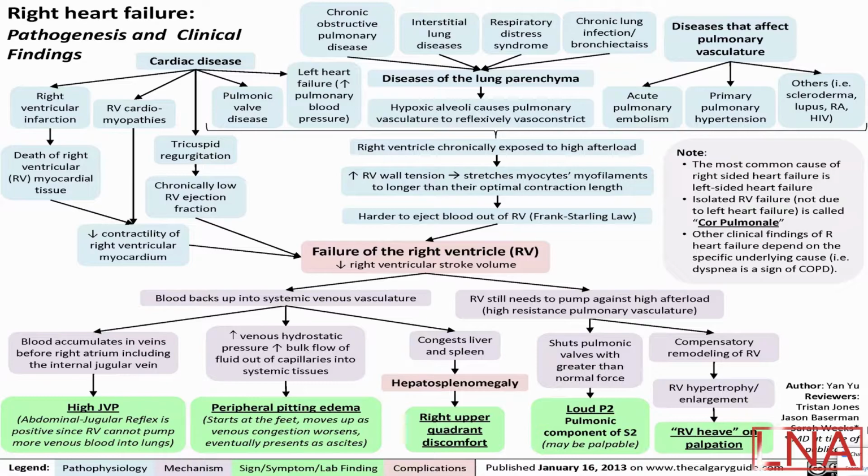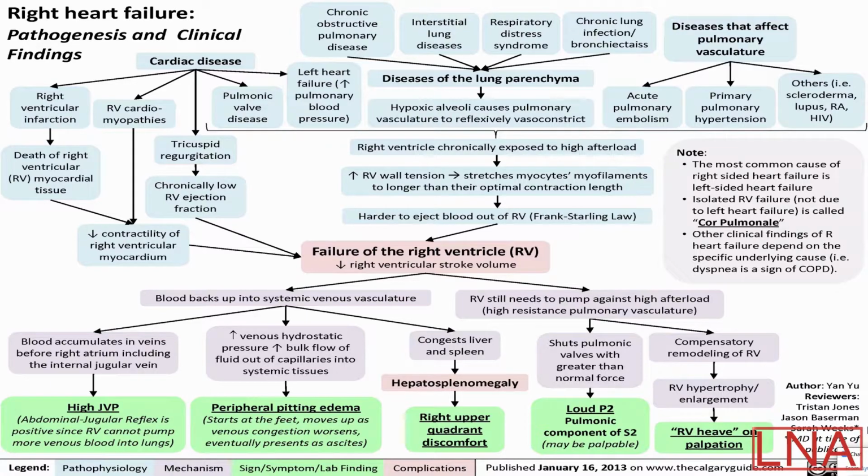So a decrease in contractility and a chronically low ejection fraction from the right ventricle lead to failure of the right ventricle and decreased right ventricular stroke volume in the pulmonary circulation.